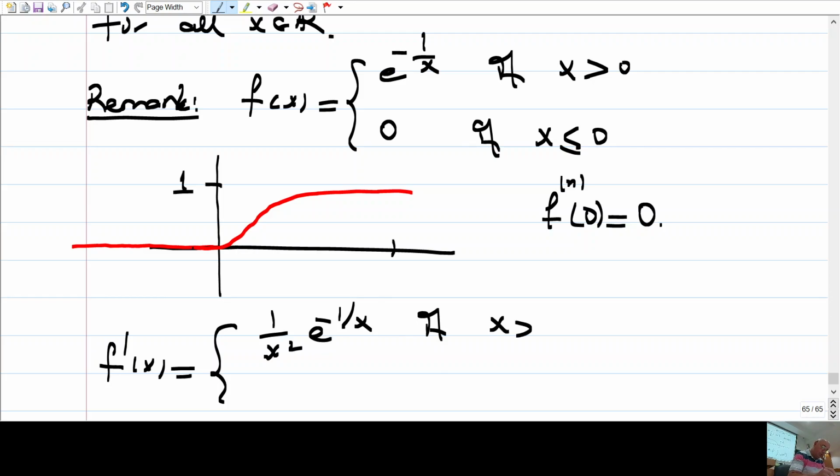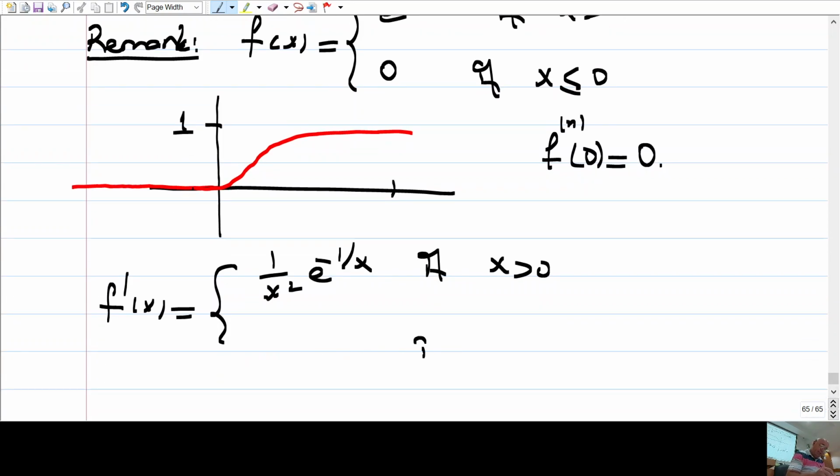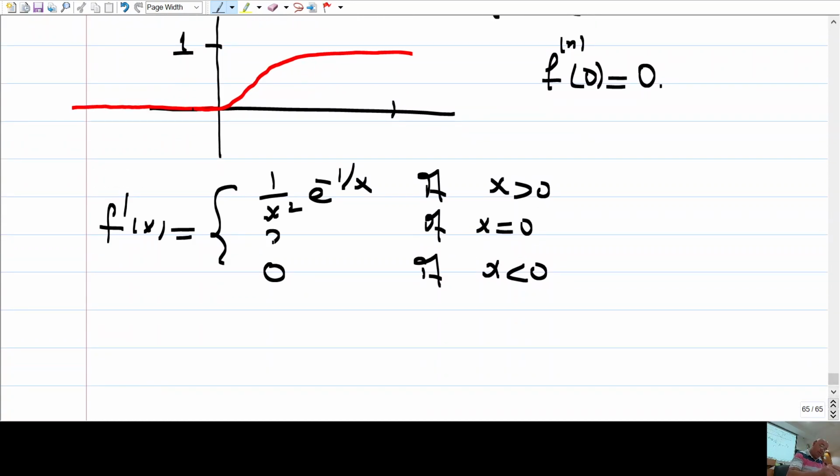If x is positive. If x is negative, then it is again 0, on an open interval, so it is 0. We just need to compute the derivative at 0.